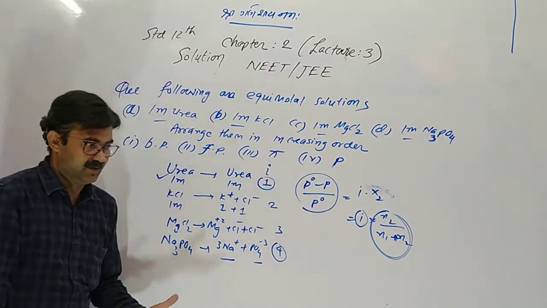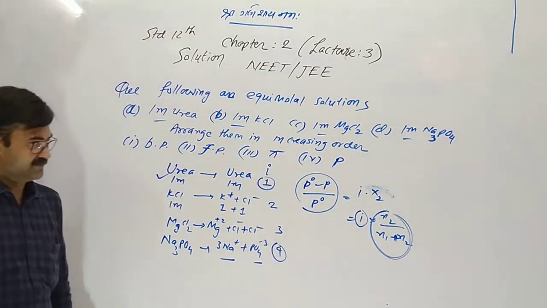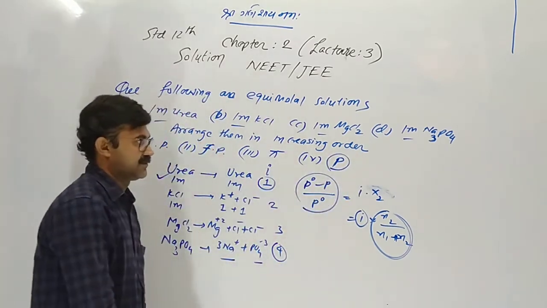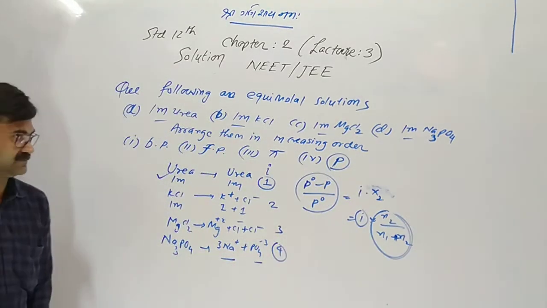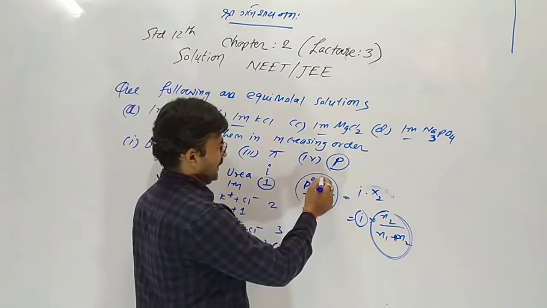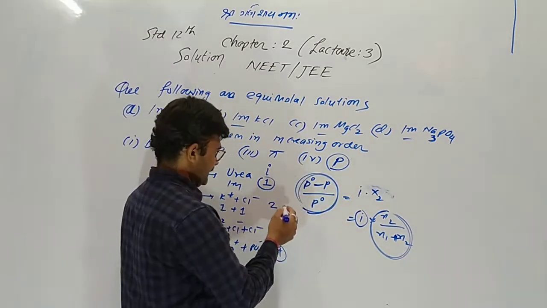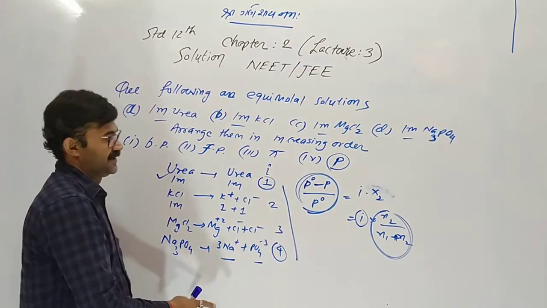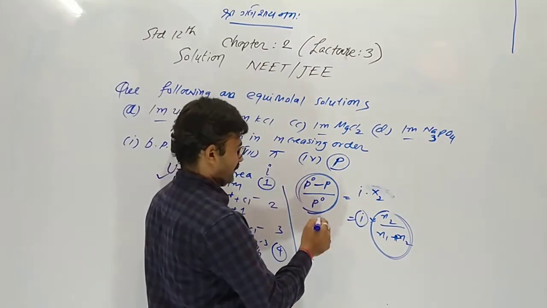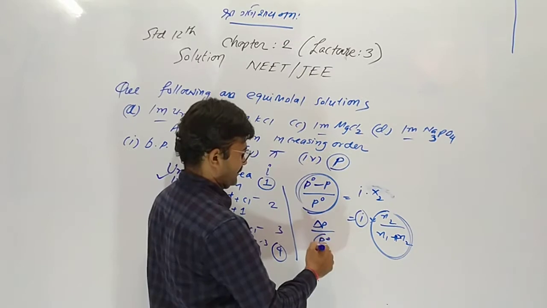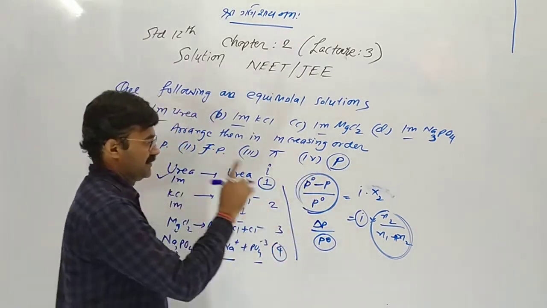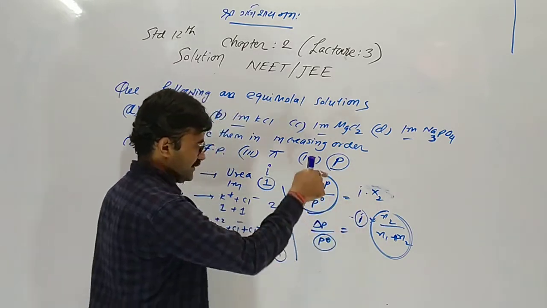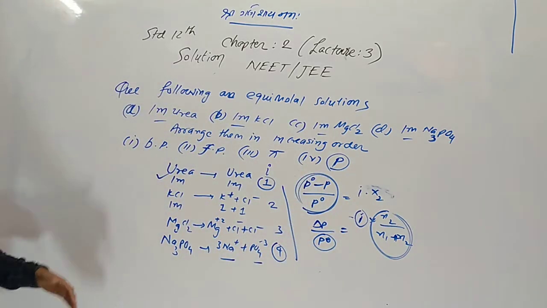Relative lowering in vapor pressure increases. But here asked in question is only vapor pressure. So P degree minus P upon P degree increases gradually from urea to KCl, MgCl2 to Na3PO4. Delta P also increases, but vapor pressure decreases. Inverse of it. As i increases, P decreases inversely.